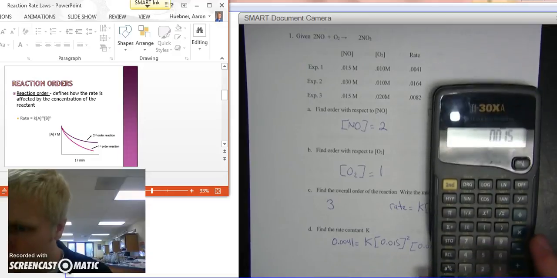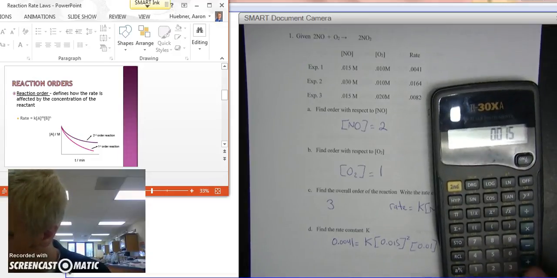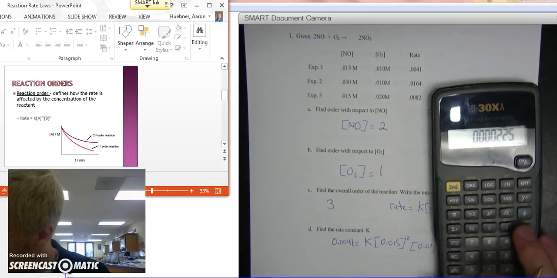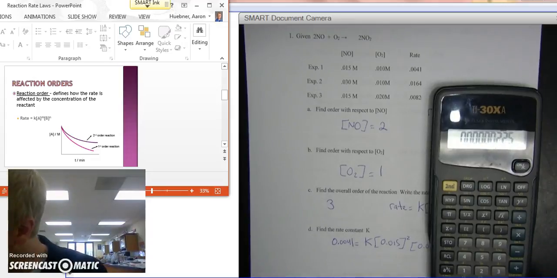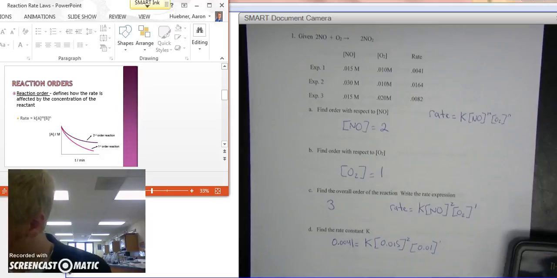0.015 squared times 0.01 equals 0.0000225, and it's molarity cubed.